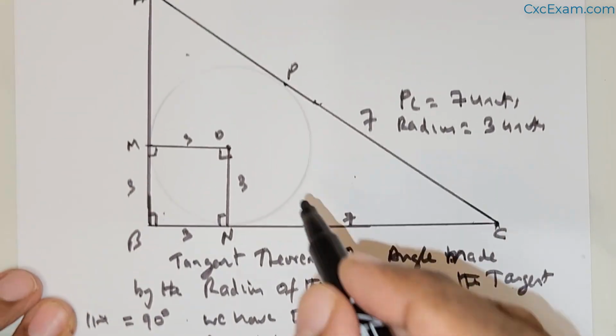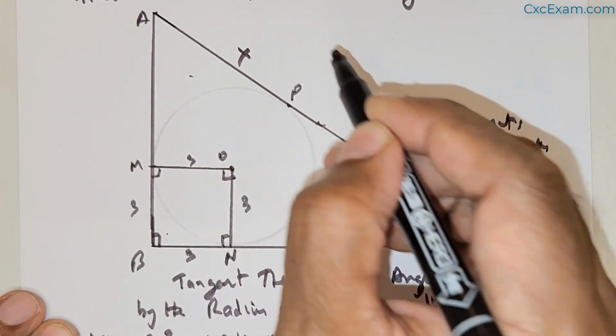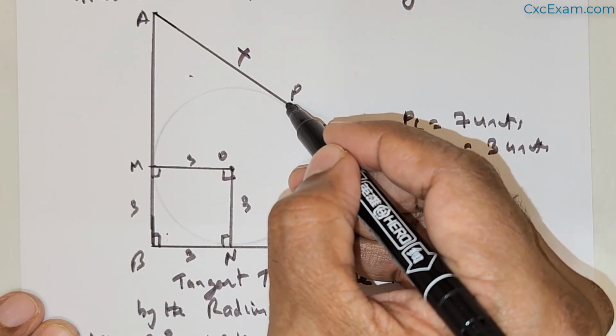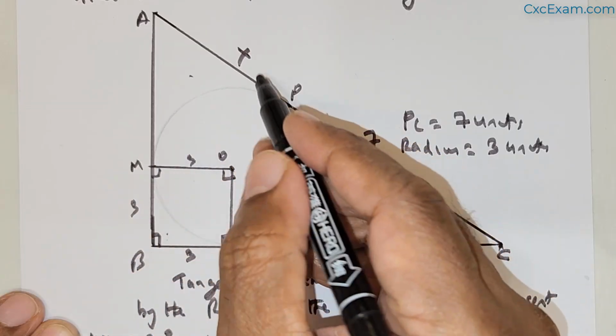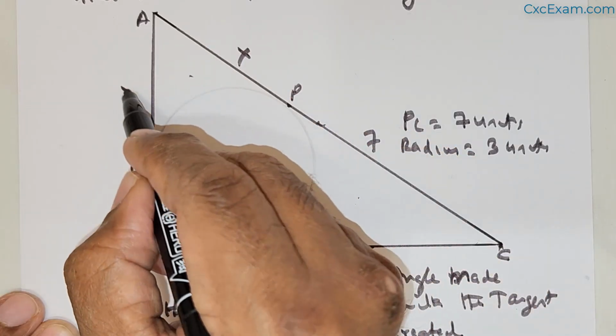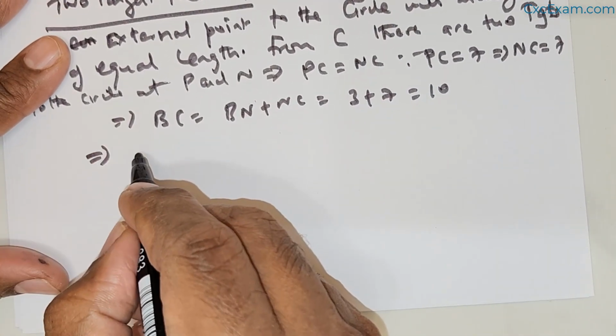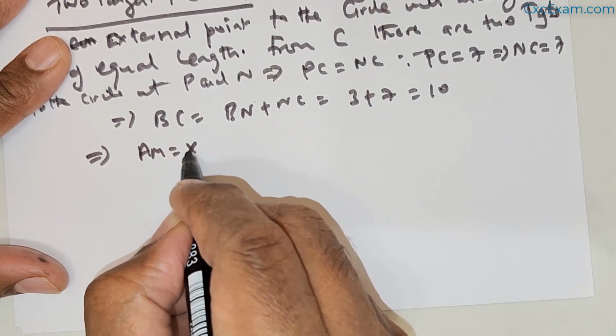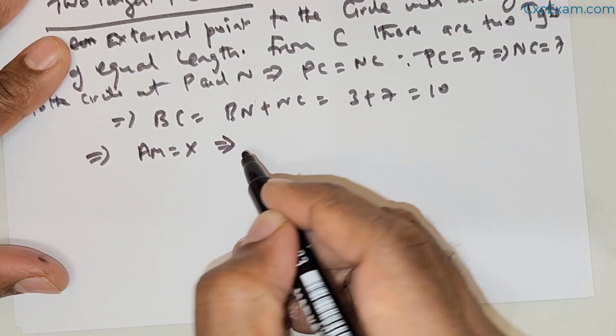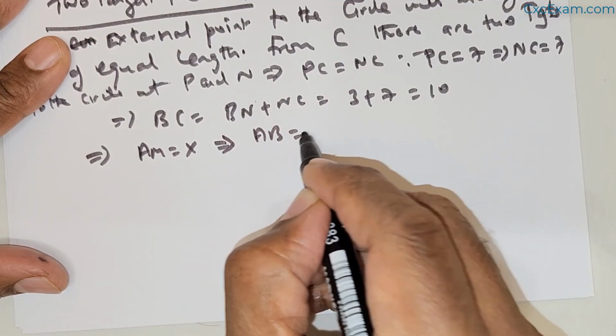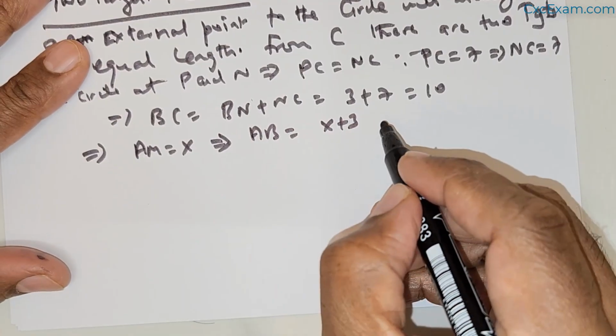Now let me take this as x. By the same two tangent theorem, if I take this as x, this will also be x. So this means AM is equal to x, which in turn means AB is equal to x plus 3.